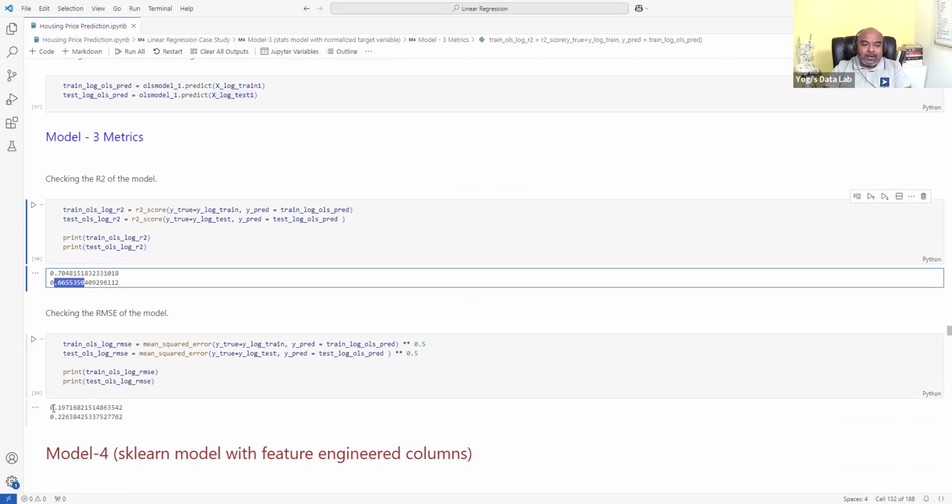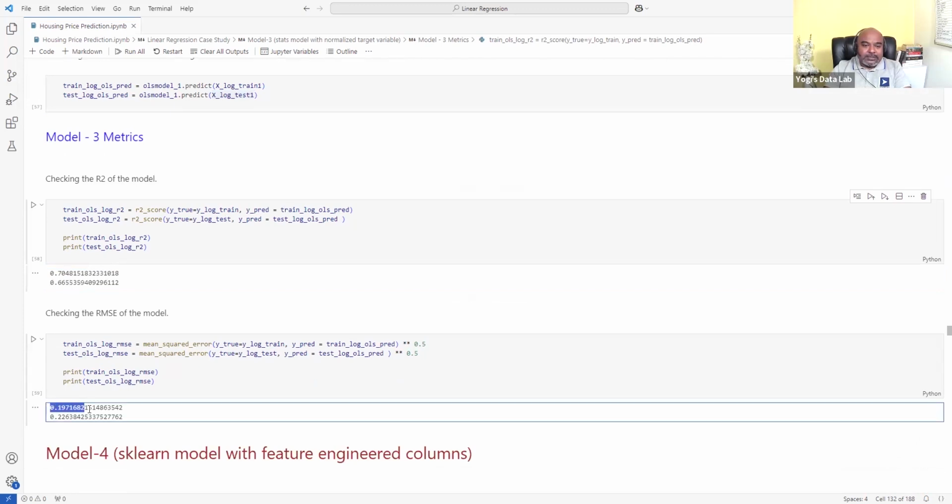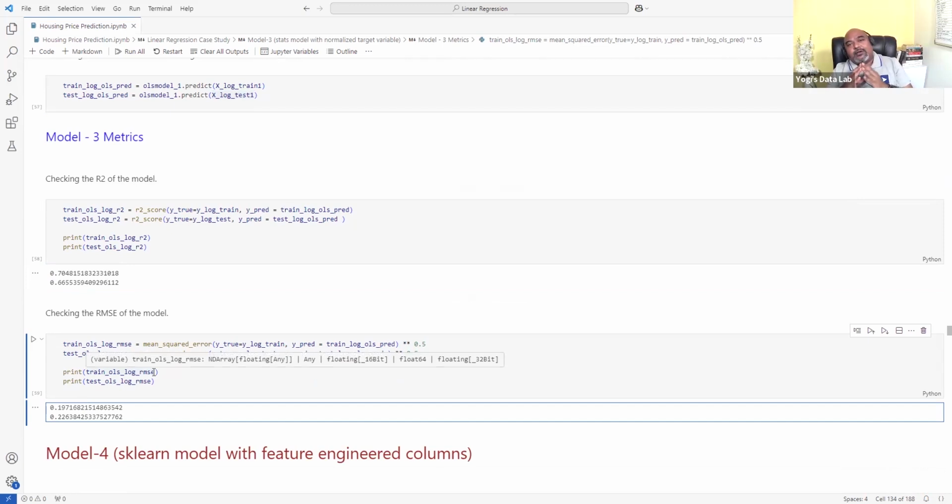The RMSE is approximately 20% and 23%. What you see here is that the Scikit-learn model, which I built in a single line of code using linear regression, is giving a similar result to the stats model, which we built by removing multicollinearity and insignificant variables. Either you use sklearn or you use stats model, you are going to get similar results.